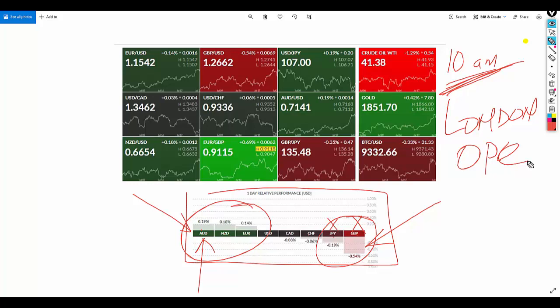I can only trade a currency that is very active during the London market. And what are the currencies? We have 2 currencies during the London market, which are pounds, Great Britain pounds, and euro. So any pair I want to trade must have one of these two currencies.